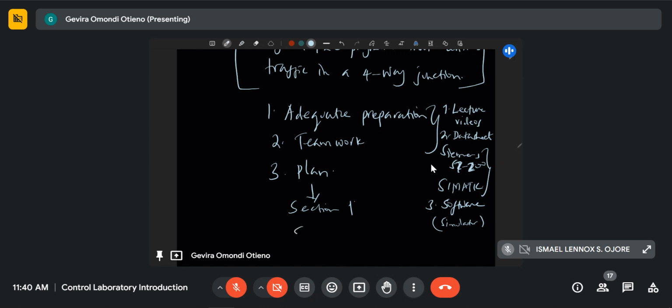Then you come back for the other part. So the minimum amount of sessions that you can take for this lab is 2. If you're prepared well, you're working as a team, and you have a plan, you will definitely need 2 sessions at the very minimum. Otherwise, you will go for more than 2 sessions.